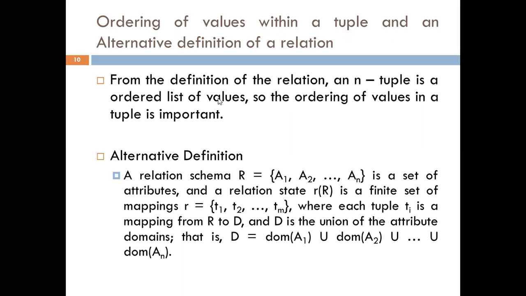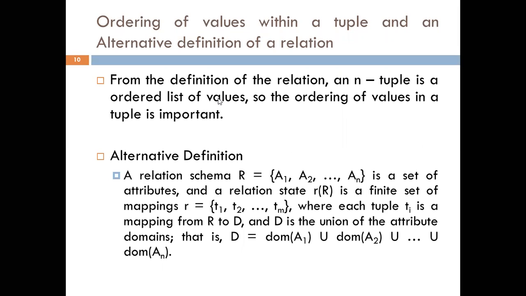First we will be writing USN, second is name. If the column header is name, we cannot swap USN and name. Then the meaning will be lost. When we define a tuple as an ordered list of values, the ordering becomes important. So if we want to do away with that ordering, then we have to define the alternate definition.